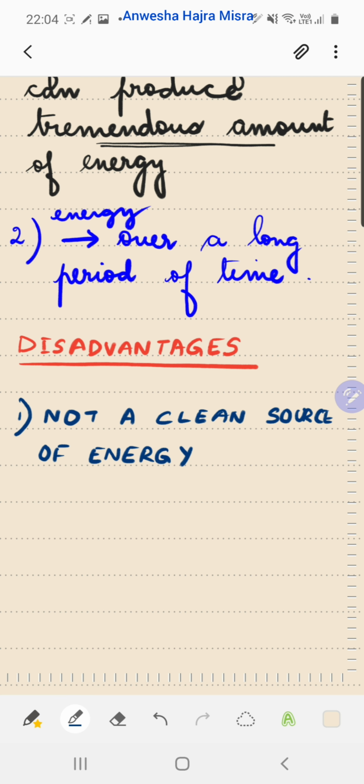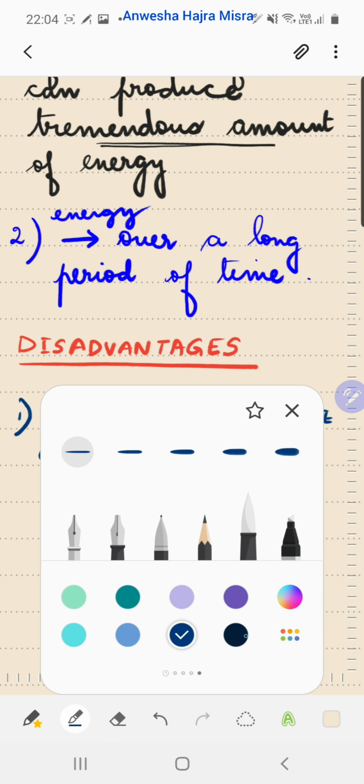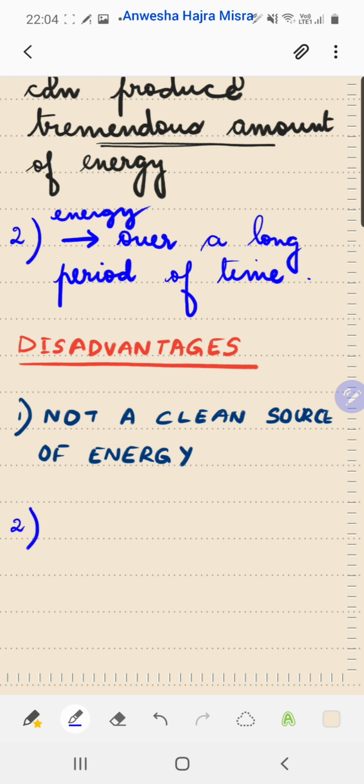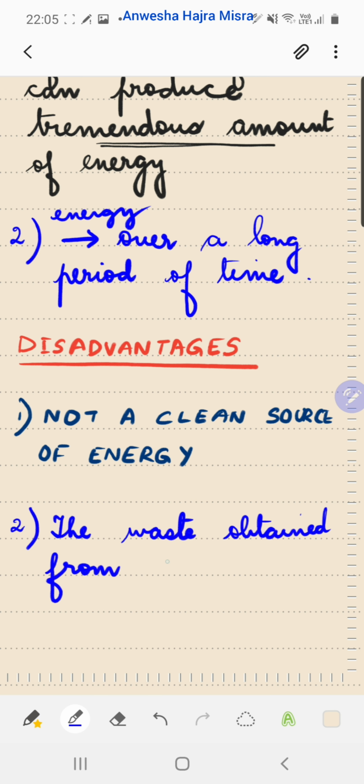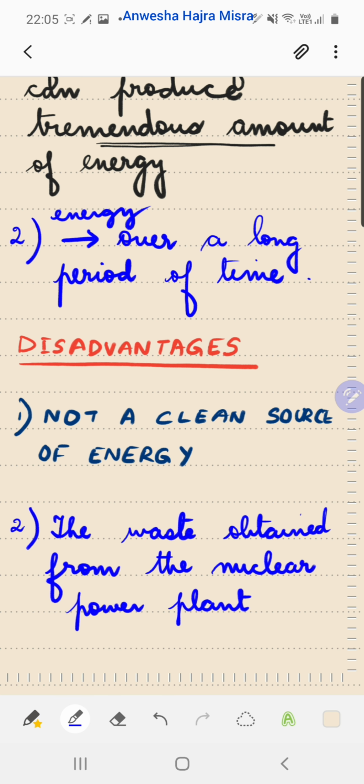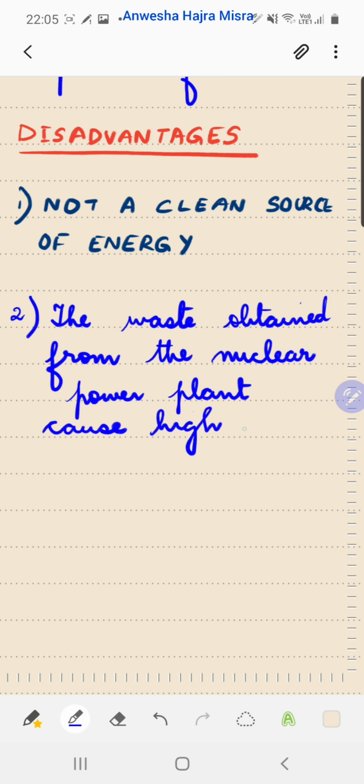Number 2, the waste obtained from the nuclear power plant causes high degree of environmental pollution.